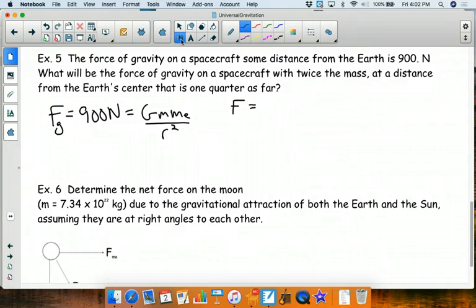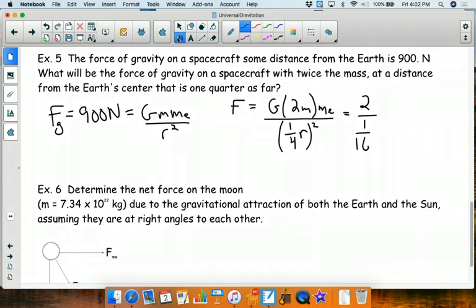The force is going to be G times 2m times the mass of the Earth all over 1/4 r squared, which is just 2 over 1/16 times G m mass of the Earth over r squared.